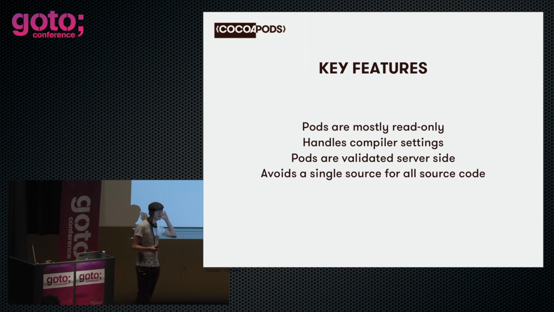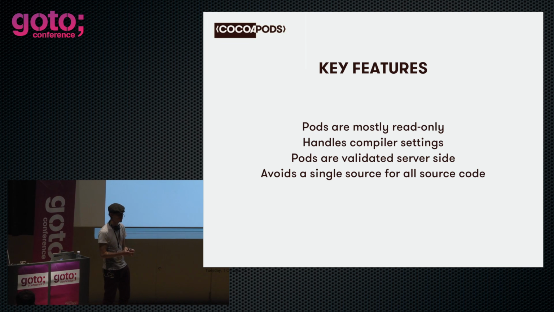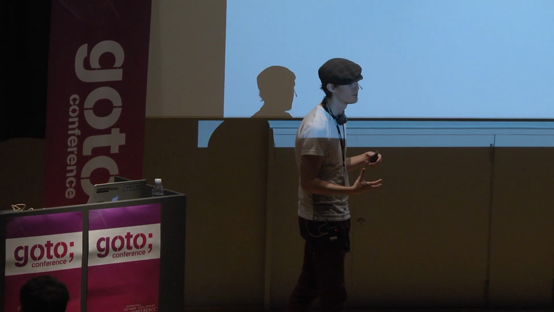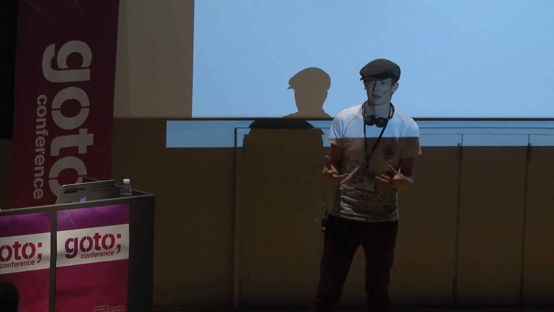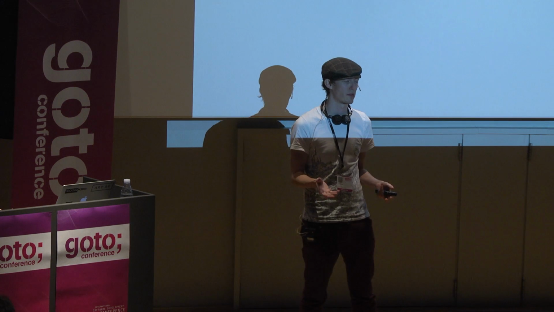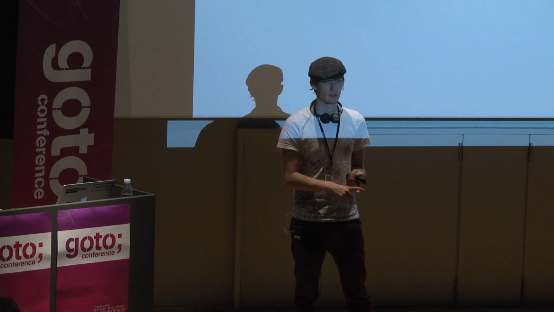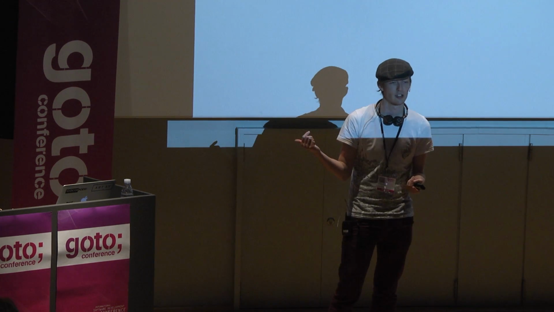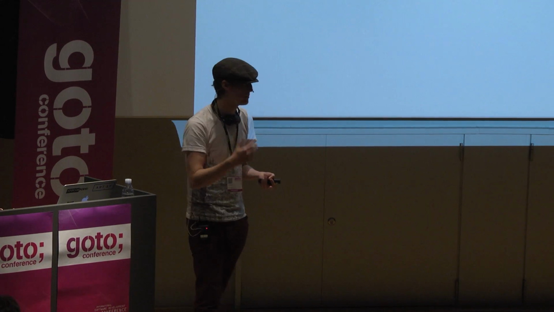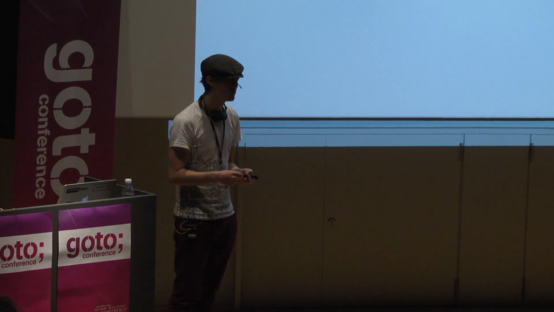CocoaPods is a collection of Ruby gems. We have a very cool one called CocoaPods Downloader, and it effectively is a system for downloading arbitrary source code. So this could be tar.gzip files on some HTTP or FTP server. It could be in a Bazaar, I don't know what they call them, I think they just call them shars in Bazaar.